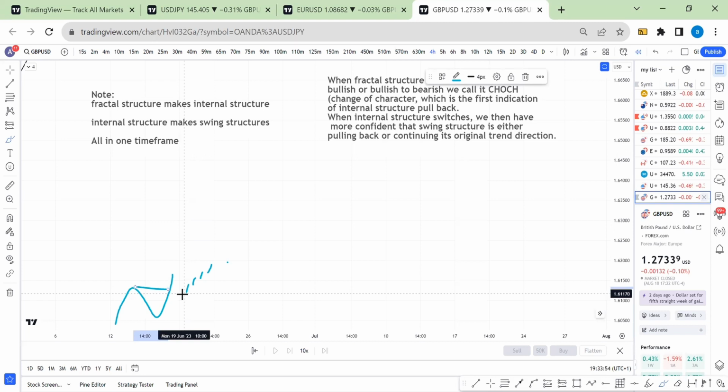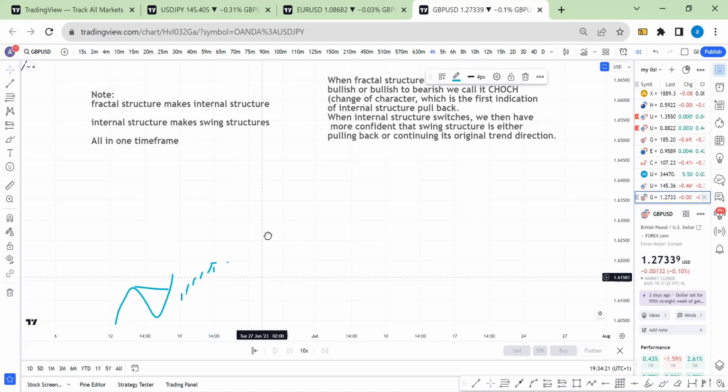This particular candle, there will be another candle before it, and it must break the high of it. Then the next one must break the high of the previous one, and the next one, and the next one, until you have one that fails to break the high of the previous candle. That's a fractal pullback, and you have a fractal high.